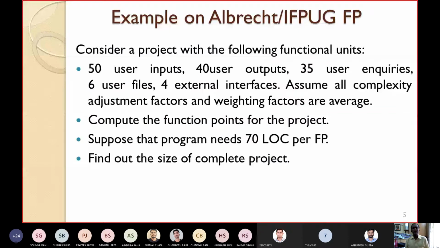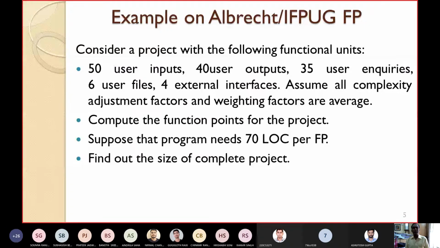So consider a project with the following functionalities. There are 50 user inputs, 40 user outputs, 35 user inquiries, 6 user files, 4 external interfaces. And it is given that all complexity adjustment factors as well as the weighting factors, I mean the system characteristics, are all average.